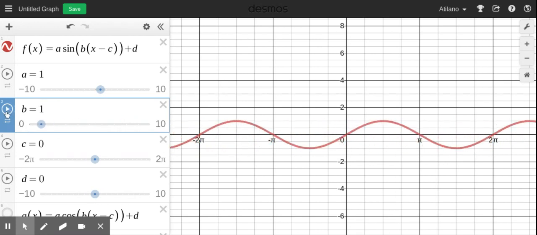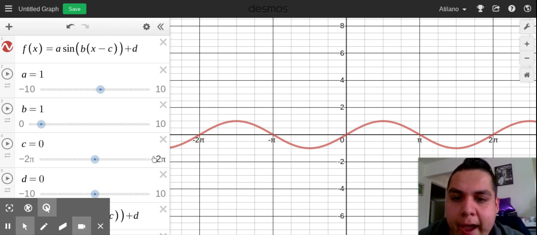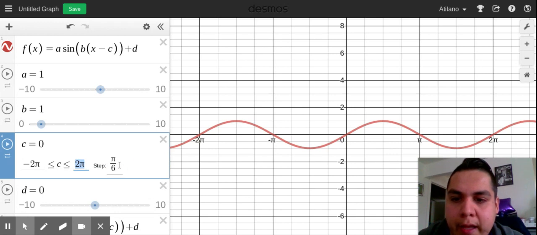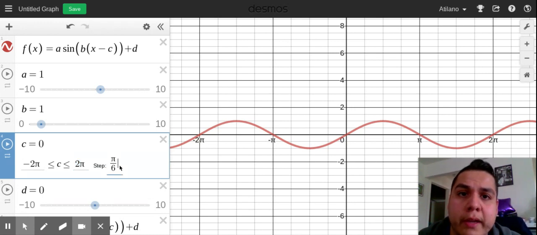Now let's talk about C. So here's what C does, and we call it the phase shift. I've made it so that every time I move my cursor, it's going to move my graph by pi over 6 units.